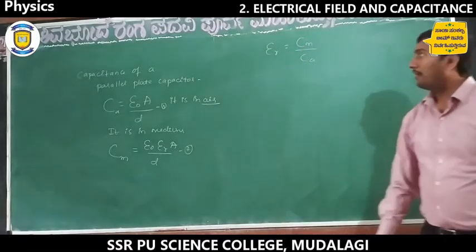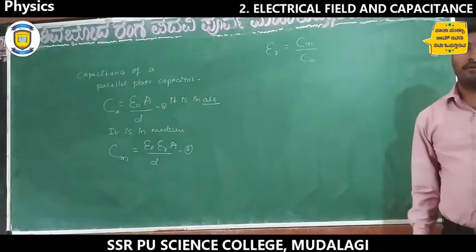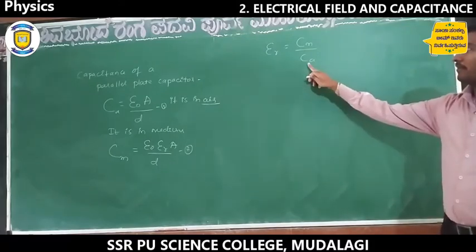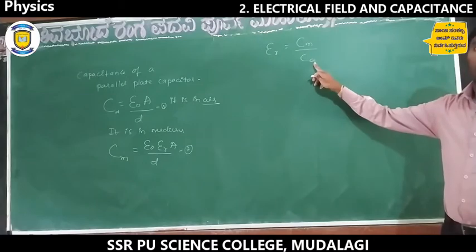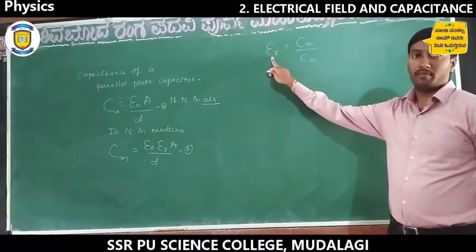The relative permittivity is also defined as the capacitance of a parallel plate capacitor in a medium to the capacitance of the parallel plate capacitor in air medium. Just let me repeat once again.